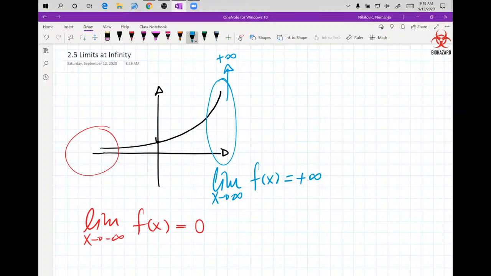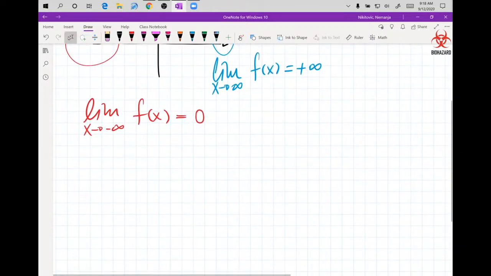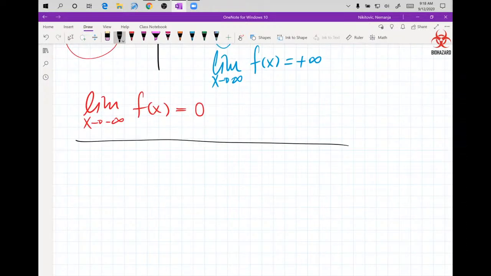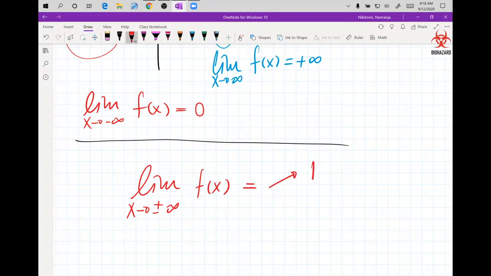So this is what we are learning today. We are focusing on the situation where the limit as x goes to positive or negative infinity of some function f of x is either a number or infinity.